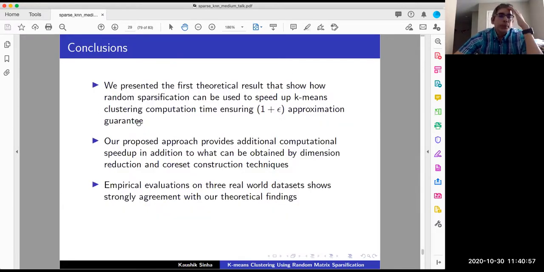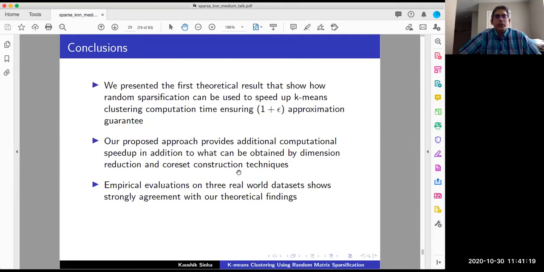To conclude, we present the first theoretical result that shows how random sparsification can be used to speed up the k-means clustering computation time, ensuring the 1 plus epsilon approximation guarantee. Our proposed approach provides additional computational speedup in addition to what can be obtained by dimension reduction and coreset construction.